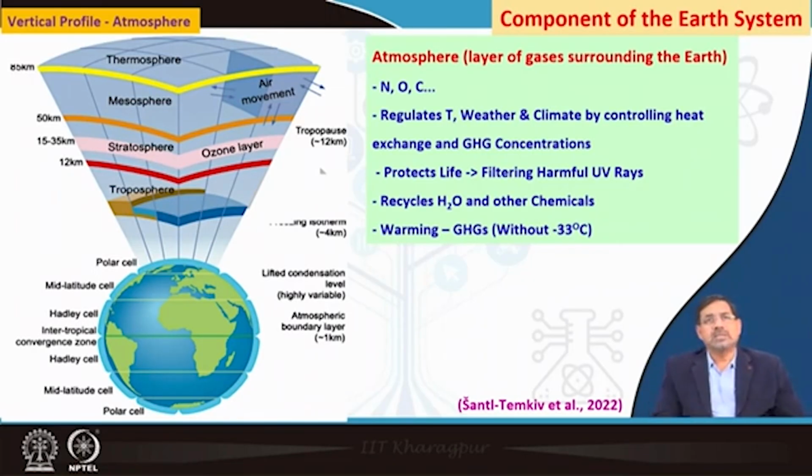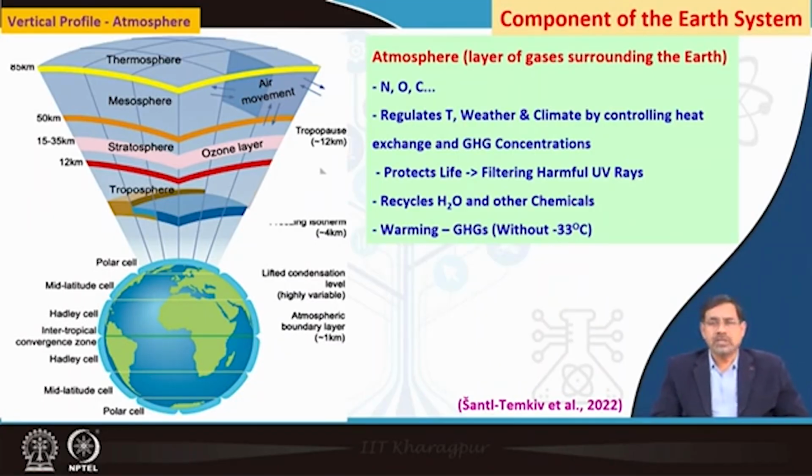So as far as this vertical profile of the atmosphere is concerned, we divide them with a kind of zonation. So tropo, strato, meso and thermo. As already told, the dominant composition of Earth's atmosphere is nitrogen, oxygen, carbon dioxide and many other gases.